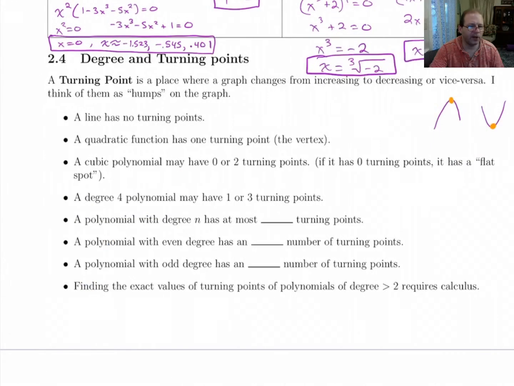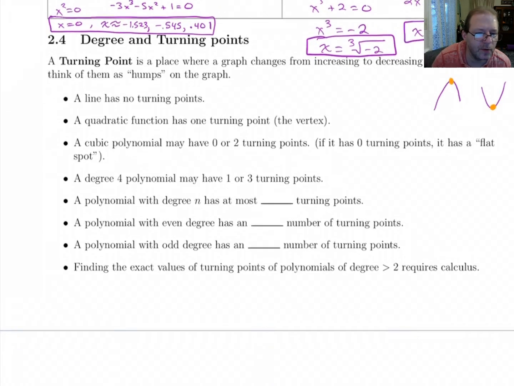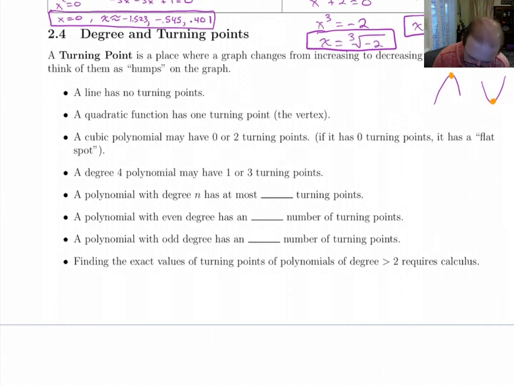Okay, degree 4 polynomials. If you think about a degree 4 polynomial, it has to have 1 or 3 turning points. Because if you have y equals x to the 4th, it looks kind of like a flattened parabola. But with a degree 4 polynomial, one of two things happens with its end behavior.